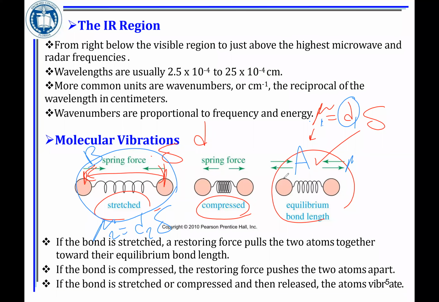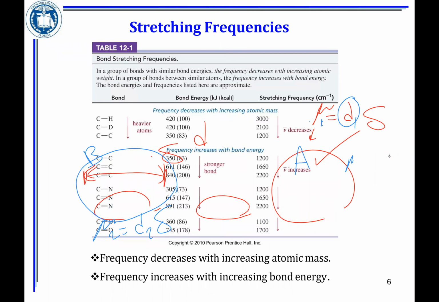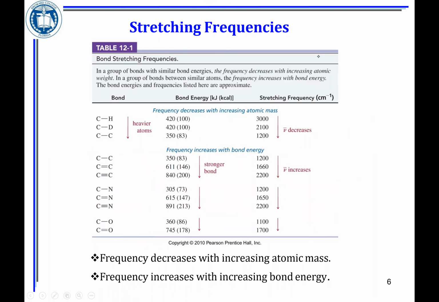What we are going to do in this chapter is look at some patterns, how the amount of light that is needed is going to be different from one bond to another bond. What are some of the factors that are going to affect that? For a stronger bond, higher energy is needed.